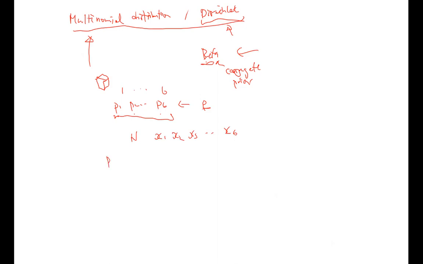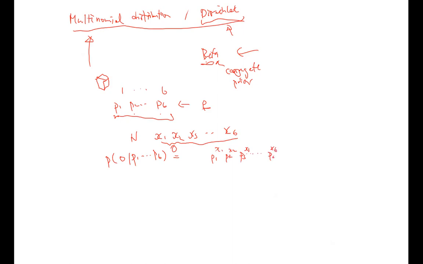Then the probability of getting this outcome, let me call it O, given P1 up to P6, would simply be P1 to the X1, P2 to the X2, P3 to the X3, up to P6 to the X6.